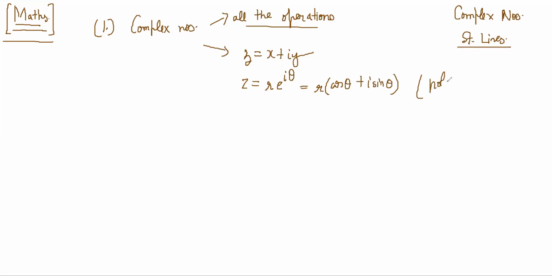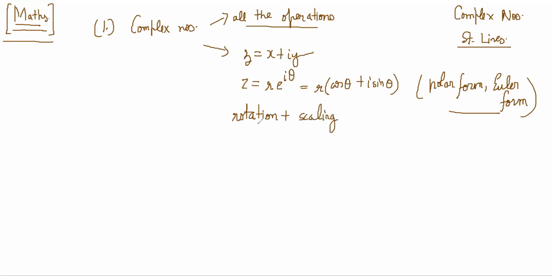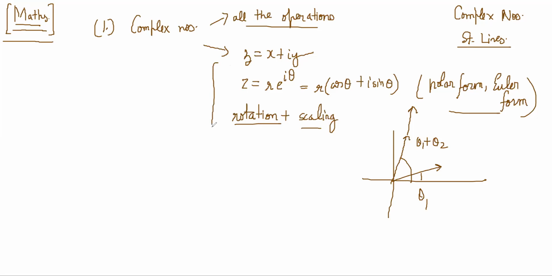This is the polar form or Euler form. We saw how this makes multiplication intuitive, because multiplication is basically rotation plus scaling. Rotation because the angle is changing and the vector goes from one place to another, and the final angle will be theta 1 plus theta 2. And stretching because the final length could be more or less, r1 into r2. So we saw these two things.